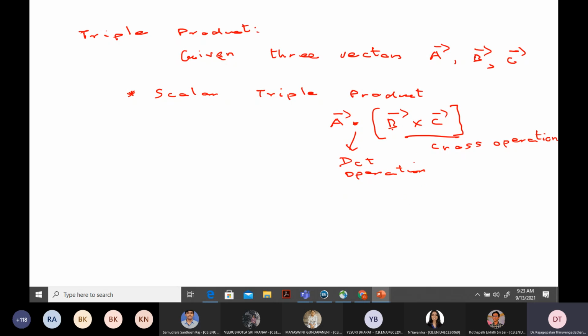Let us say the resultant vector is R, which is actually B cross C. So once I know B cross C, I can actually do this.